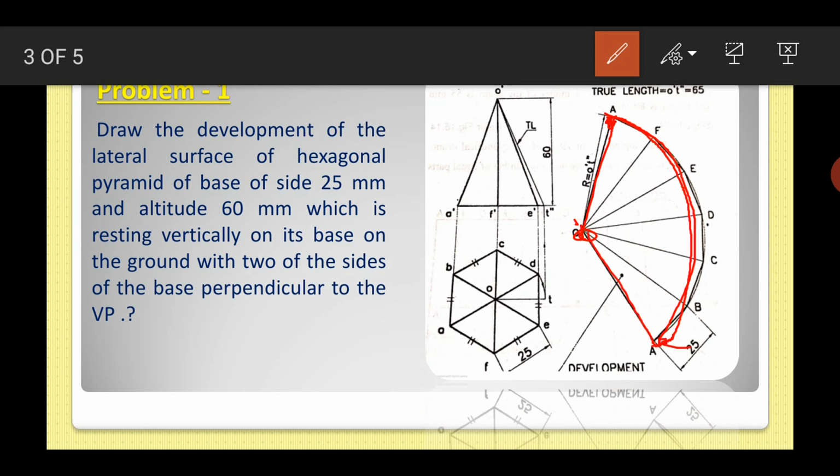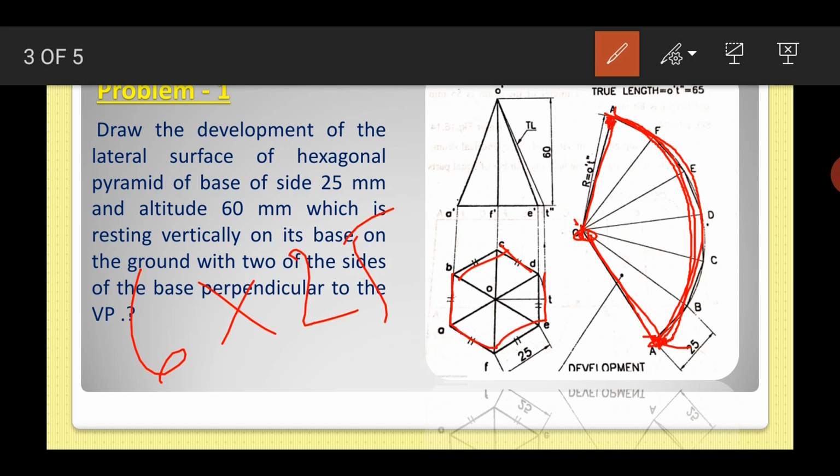To get this line, you have to measure 25, 25, 25, 25, 25 and 25. So 6 times 25, that much length you will get, and you draw it like here.